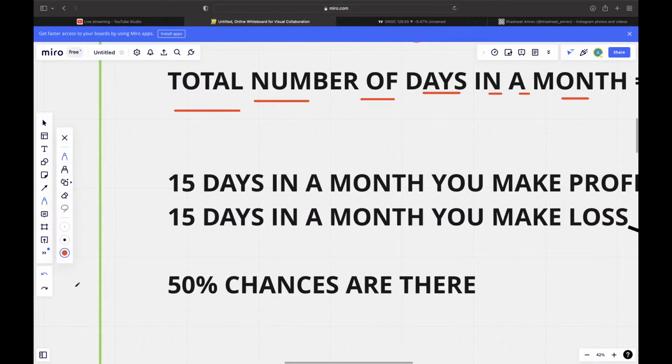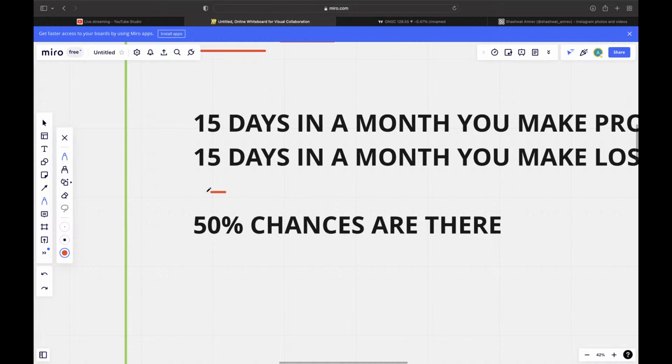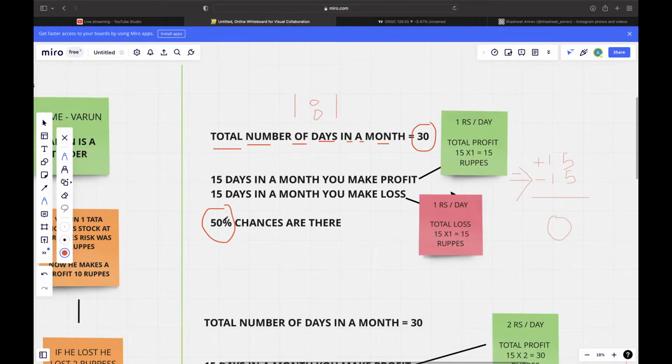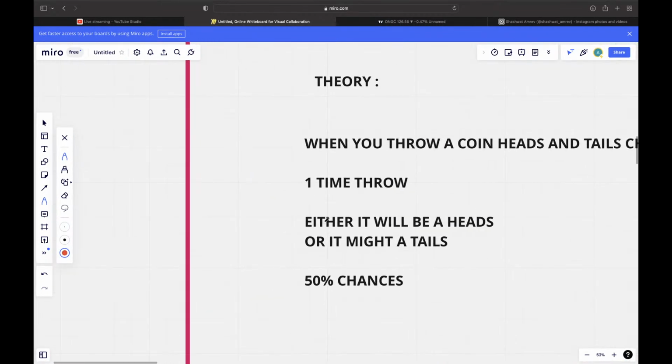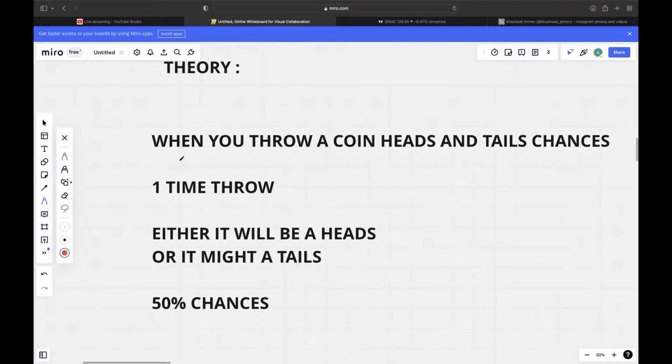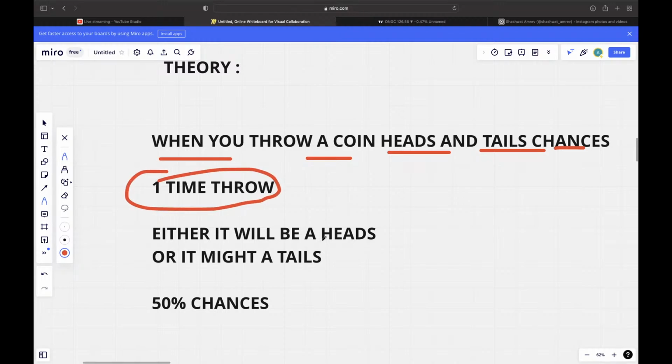If I say 50-50 chances, you will ask, sir, why 50? Why not 60-40? So let's learn this 50% theory from a coin. When you throw a coin, heads and tails, one time you throw a coin, either it will be head or it will be tail. 50% chances. If it is 50% chances, just write yes.